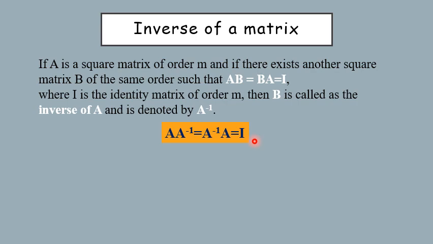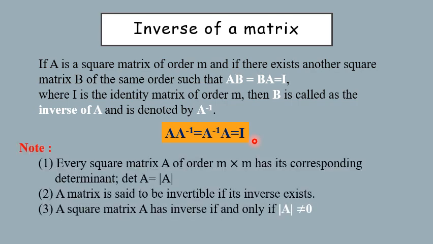If the given two matrices are inverse of each other, then multiplication is commutative. Now one important note related to this point: first, every square matrix A of order m by n has its corresponding determinant, so it is possible to find the determinant value of any square matrix.